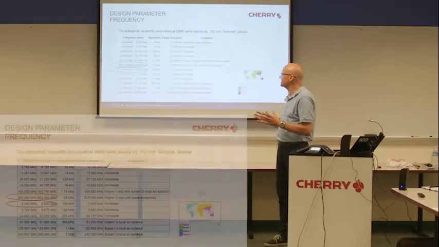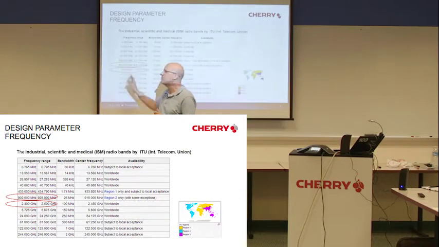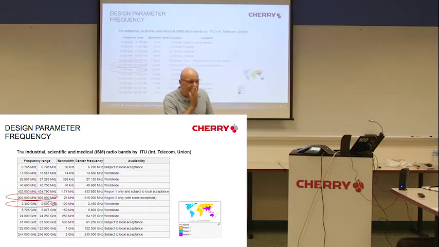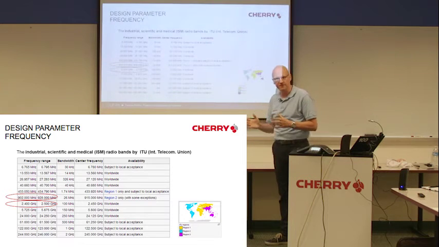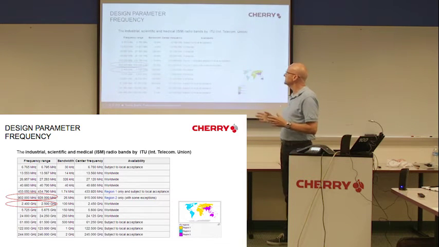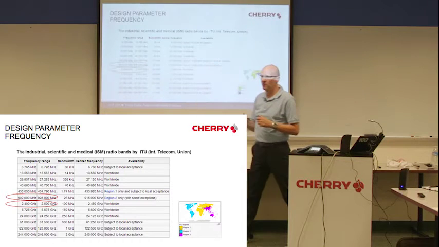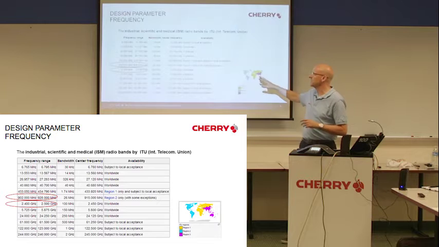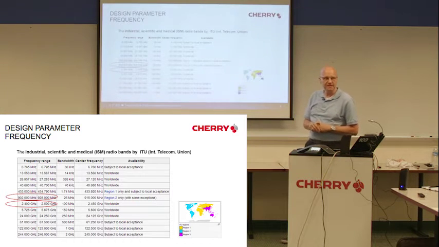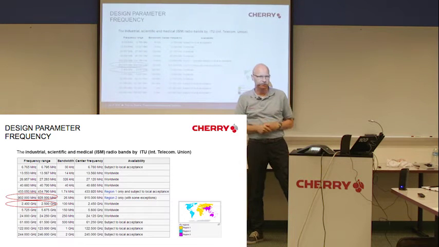A band is an area of frequencies in which you can take your special frequency for your RF system. The ITU defined different frequency bands all over the world. You can see here they divided the world into 3 areas or regions. And they say, okay, in this region you can use these frequencies.